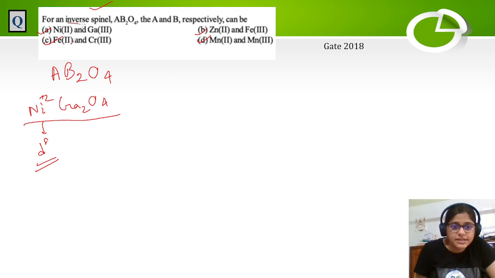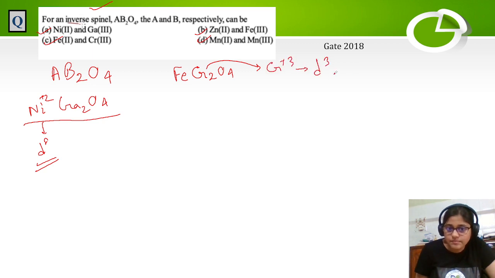So for the case of, let's say, Fe and Cr2O4. This has Cr3+, d3. It has the highest CFSE. We have told that d3 and d8 should be in what?